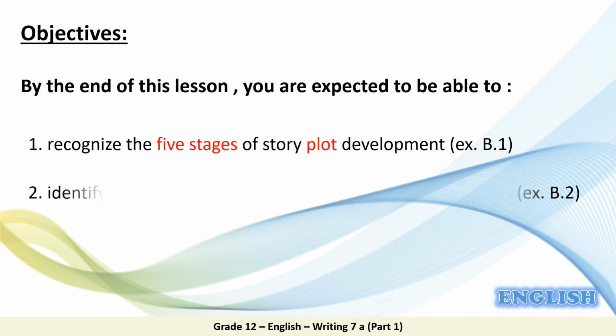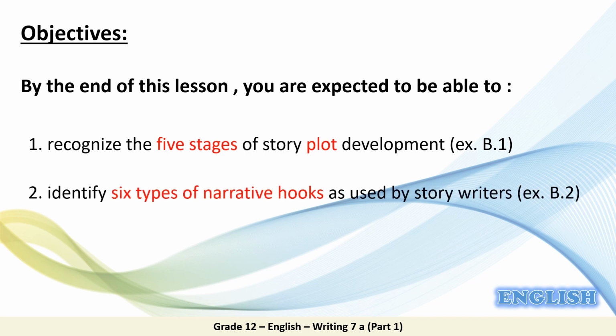There are two objectives in today's video. The first one is that we are going to recognize the 5 stages of a story plot development. Each story has got a plot, and this plot is developed in 5 stages. We will recognize these 5 stages.